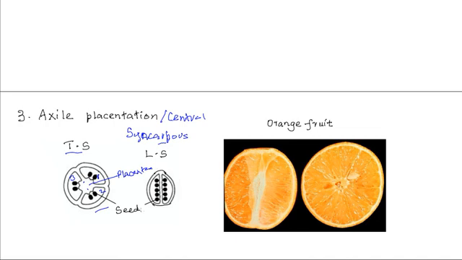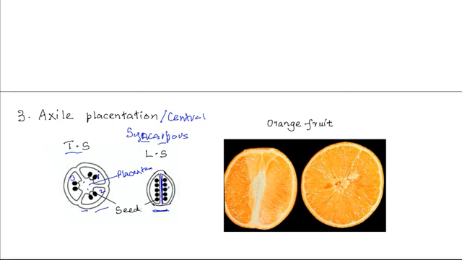This comes about when you have a syncarpous gynoecium with several ovaries that have been fused. In longitudinal section, the placenta is still at the center, and it forms the axis, the main axis of the fruit or the ovary.